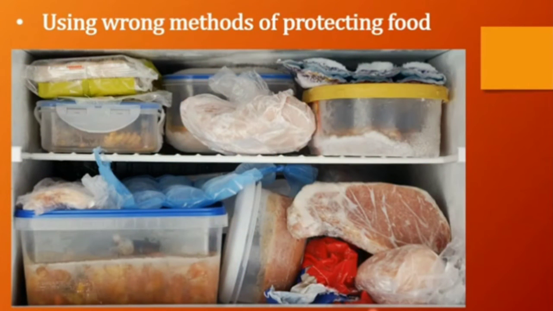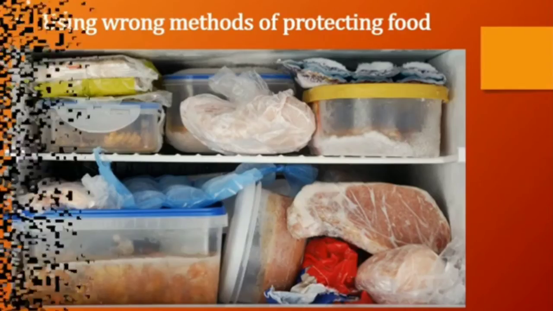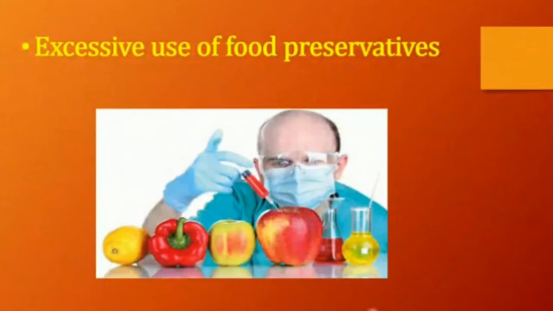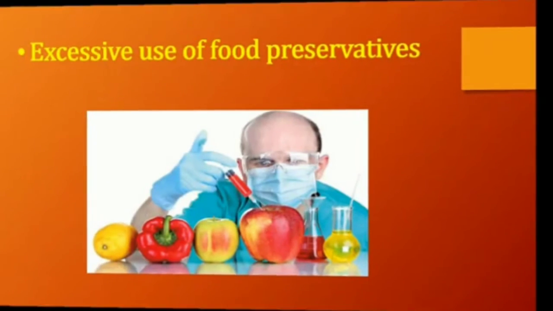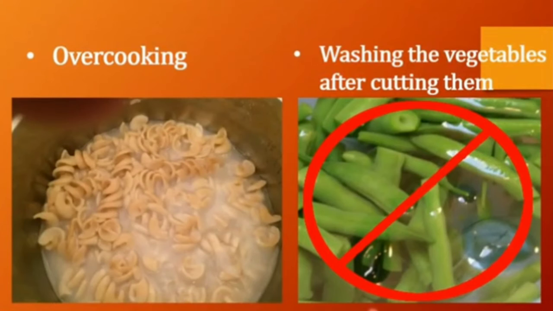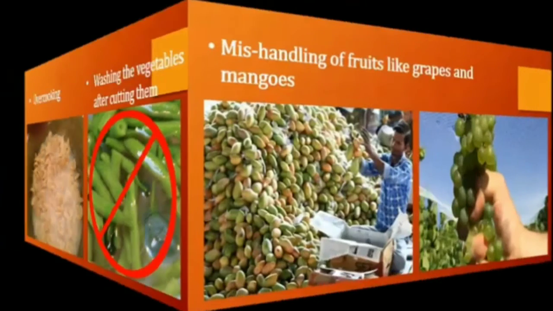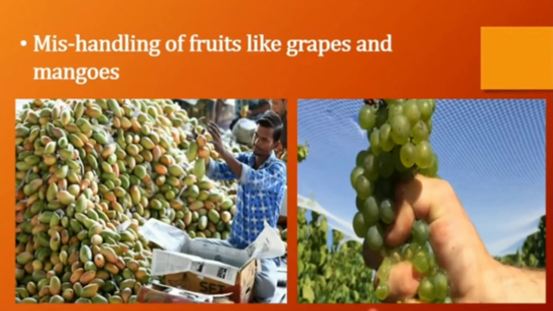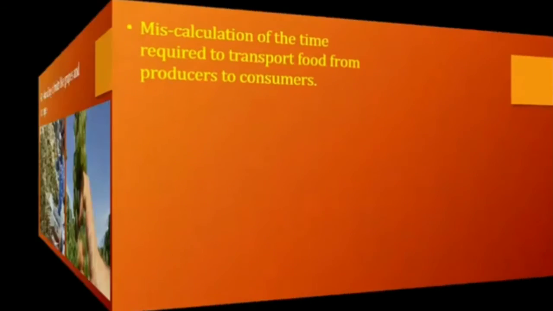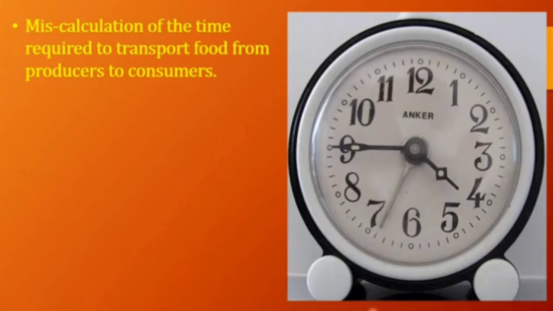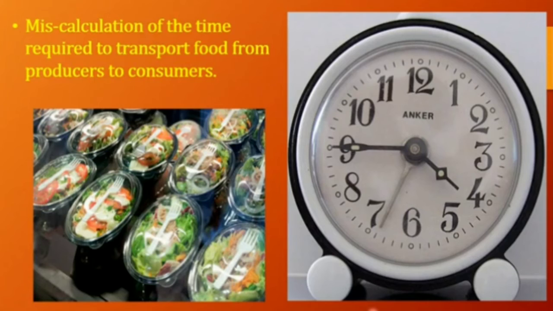Using wrong methods of protecting food, excessive use of food preservatives, overcooking, or washing the vegetables after cutting them, mishandling of fruits like grapes and mangoes, miscalculation of the time required to transport food from producers to consumers.